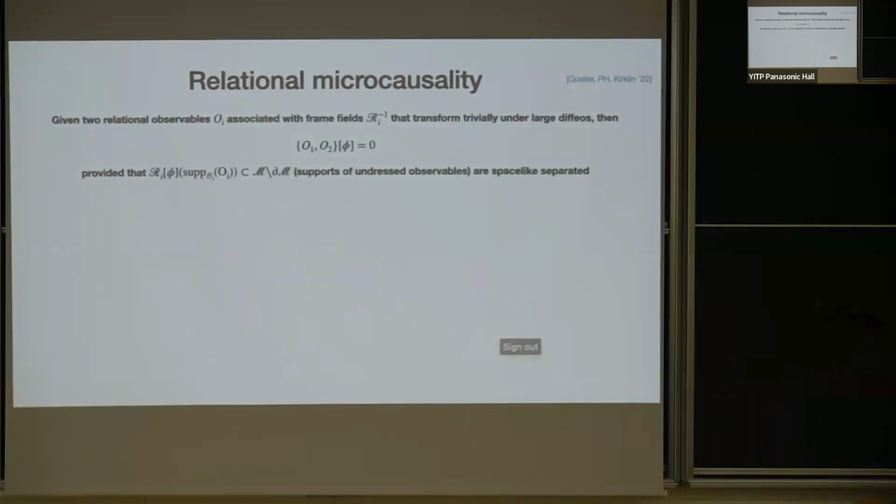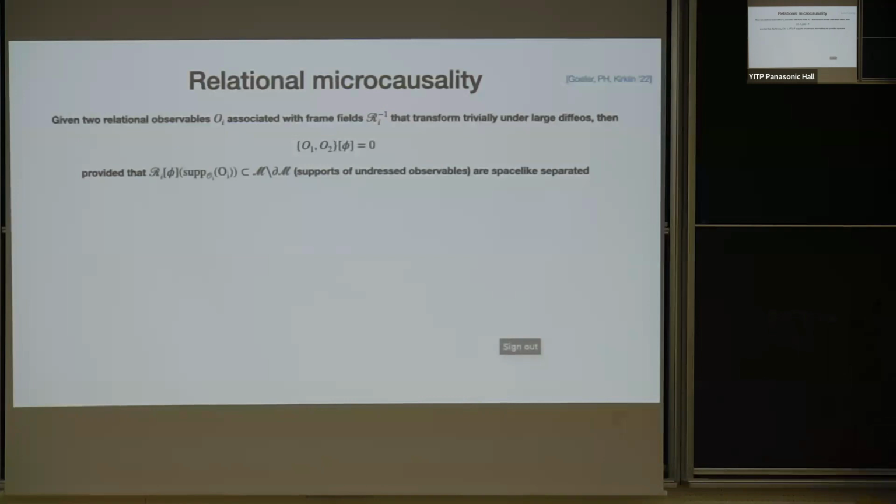But okay, maybe let's come then to another quite interesting topic, and that's microcausality. So as I mentioned, if you want to have a consistent relational notion of localization, then we should also have something like relativistic causality in terms of relational observables. And it turns out you get it under certain conditions. In particular, you get it in the following sense.